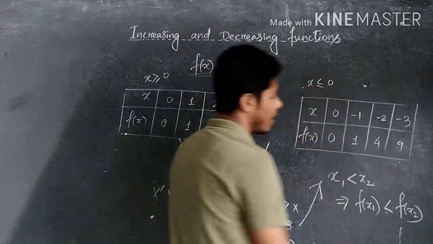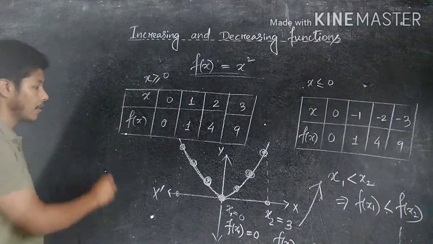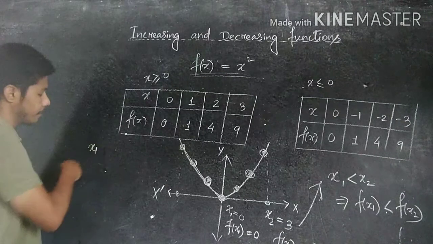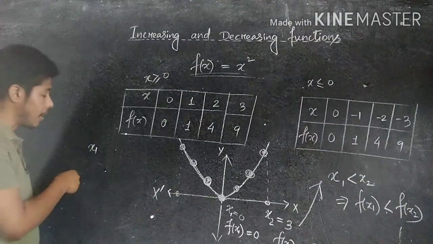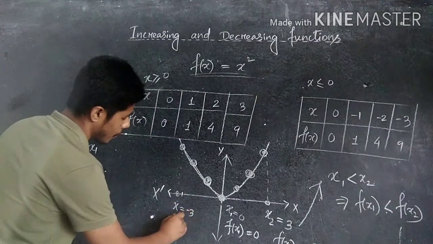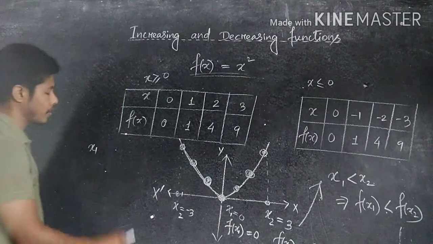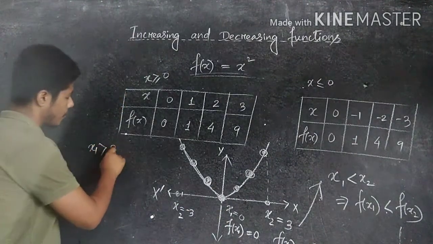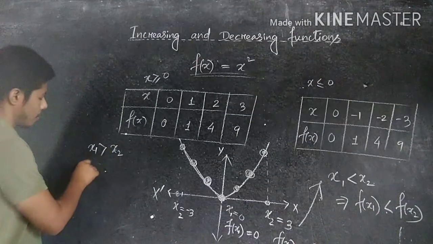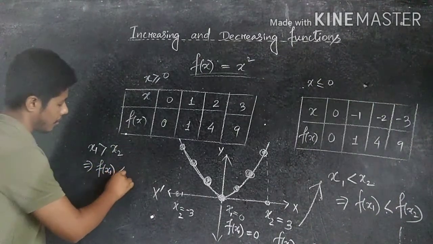So is there any difference between first and second that we get here? Obviously we get. So in the earlier case, when we took x equal to -3, which one was greater? x1 was greater. So x1 is greater than x2, but what did we get from this? f of x1 less than f of x2.